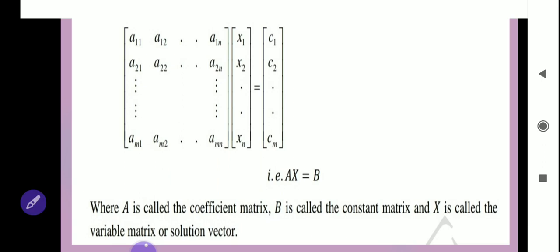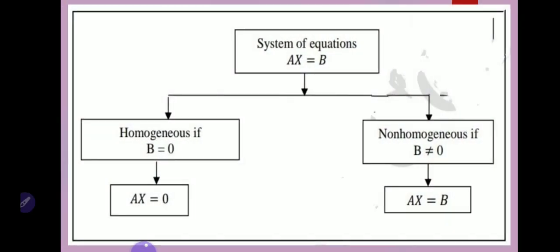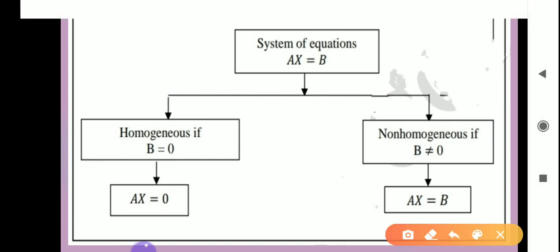After the matrix form, our next step is how to solve the problems. First we will see what is meant by a homogeneous system and what is meant by a non-homogeneous system. If we write the given system in the form AX = B, then if matrix B is the zero matrix, that system is a homogeneous system, and if matrix B is a non-zero matrix, then that system is called a non-homogeneous system.